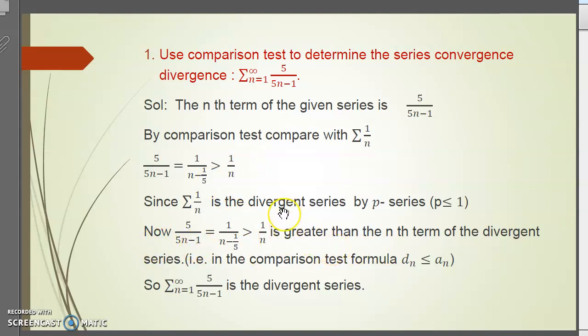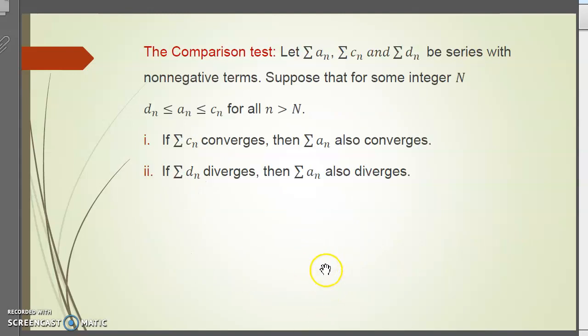Now, if it is greater than 1 over n, then from the previous slide, just see here, a_n less than or equal to c_n means c_n is greater than or equal to a_n. If c_n is convergent, then a_n is convergent. If d_n is divergent, a_n is divergent.